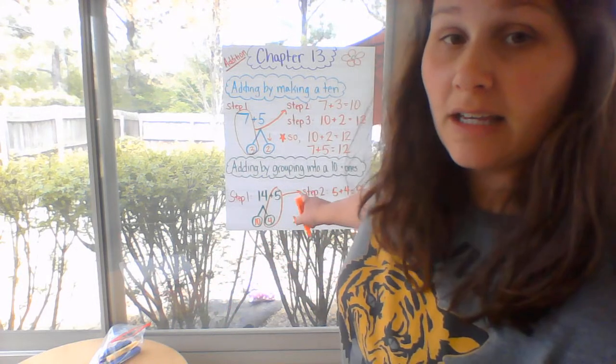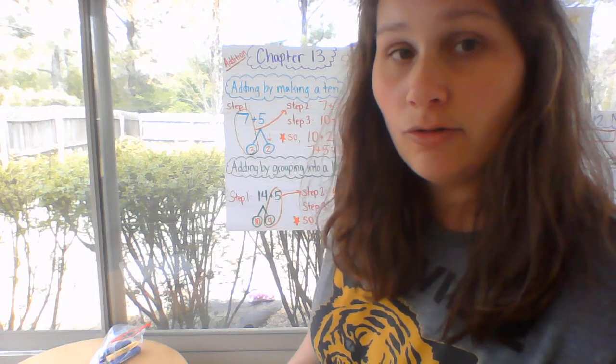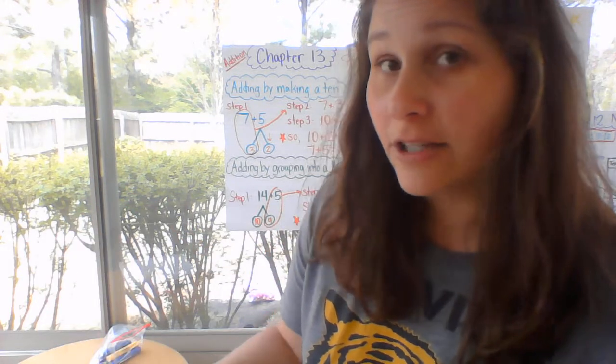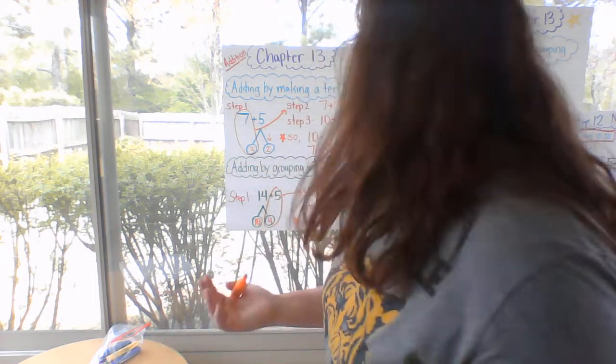But what from this original problem have I forgotten to add in? Yes, I've forgotten to add that 10, so that's the second step. So now I'm going to go take that 10 that I broke apart and add it to my new 1s. My new ones is the number 9 because I added 5 and 4.